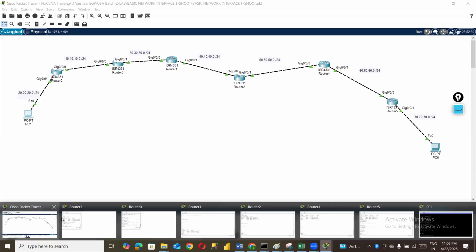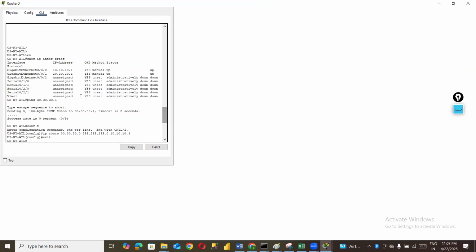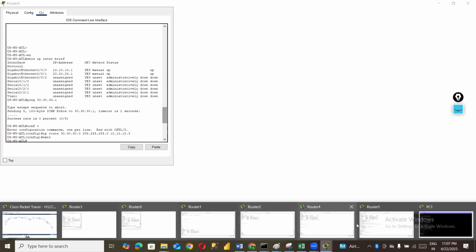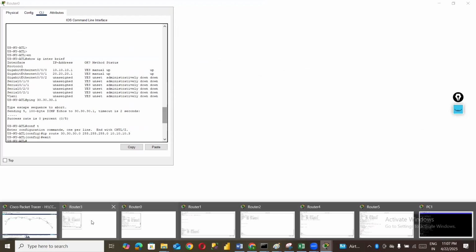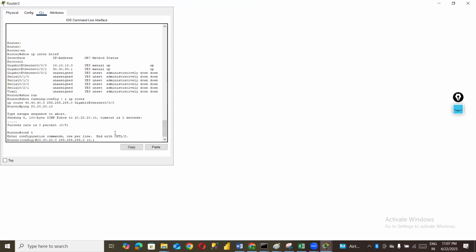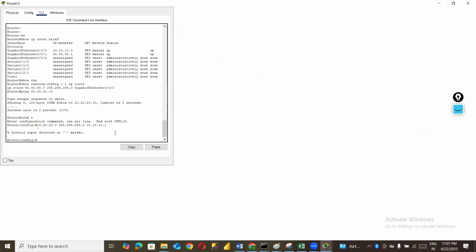We'll go to router 0. We'll give 10.10.10.1, then we'll test. We'll try 10.10.10.1. If not, then we'll give the next type. Somewhere there is a mistake. Okay, I haven't written that statement.